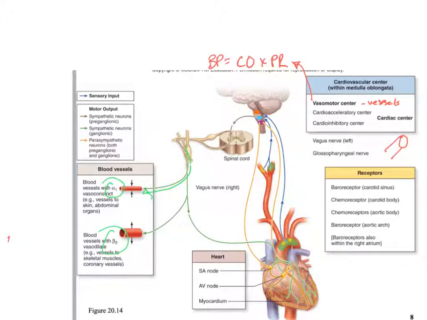Okay? So blood vessels with alpha 1 constrict, right? Vessels to the skin, abdominal vessels. And then vessels with beta 2. That's a sympathetic nerve pathway, with a ganglion that goes out. So the same pathway is going to alter blood flow. It's going to cause certain vessels to constrict and other vessels to dilate.